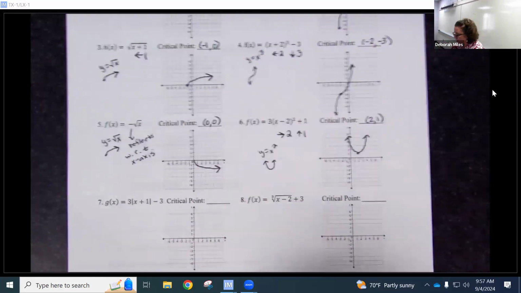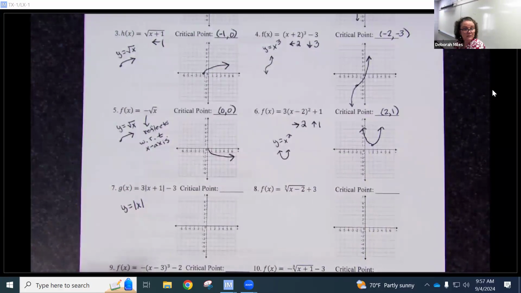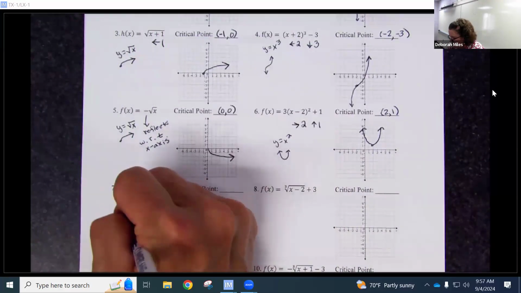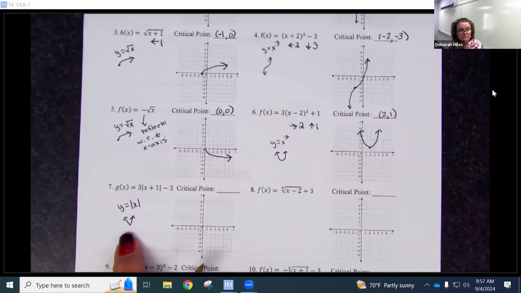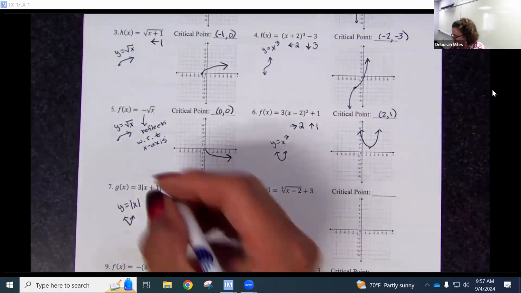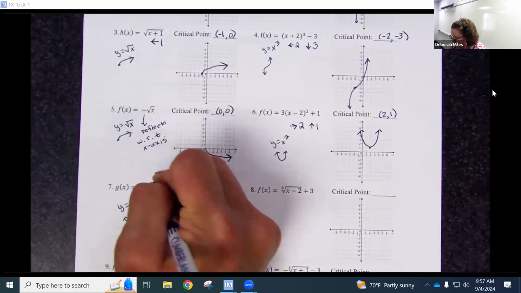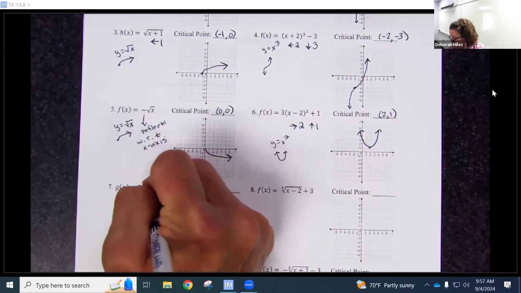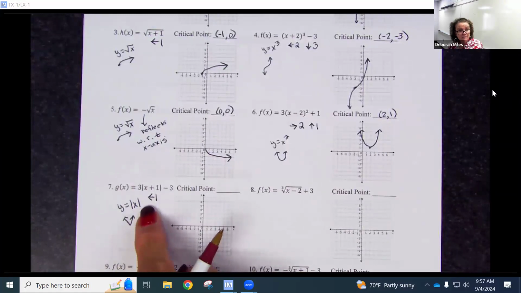Same for number 3. I know that y equals absolute value of x is that nice V-shaped graph that turns around at the origin. And I know that this graph has been shifted. My horizontal shift is that 1 that's added inside parentheses, but it works the opposite of what you expect.